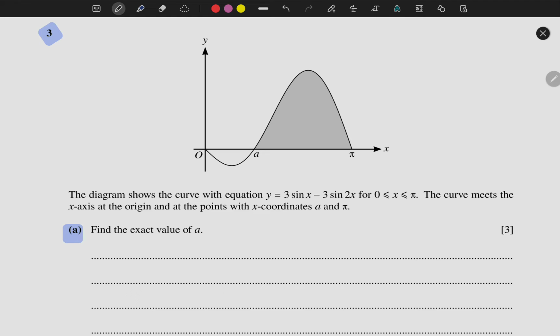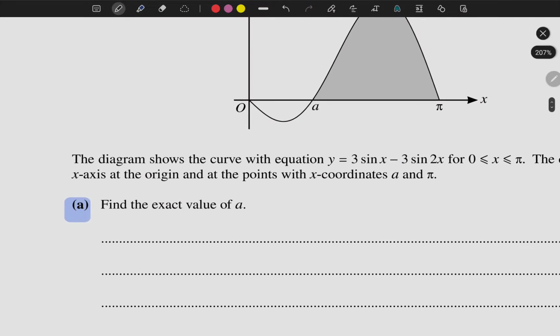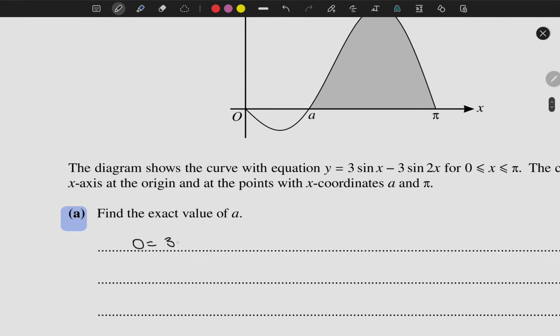Okay, so if we look at 0, a, and pi, what they all have in common is that's where the graph meets the x-axis. And if it meets the x-axis at that point, that means our y value is 0. So we can say 0 is equal to 3 sine x minus 3 sine 2x.